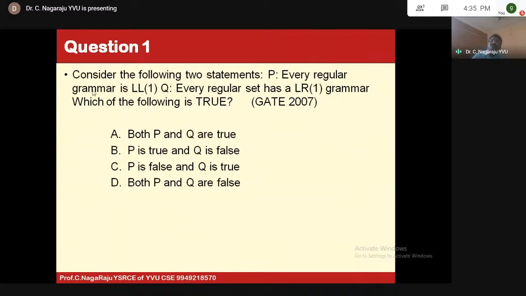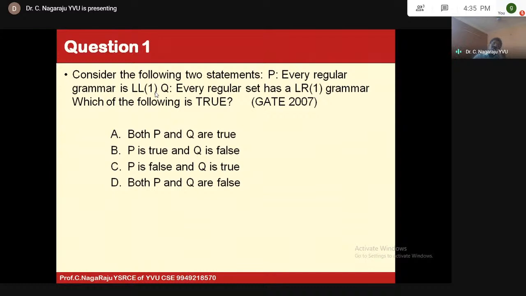When you see that every regular grammar is LL(1), LL(1) is a top-down process. And every regular set having an LR1 grammar is a bottom-up process, right? But sometimes a regular grammar may have some problems.